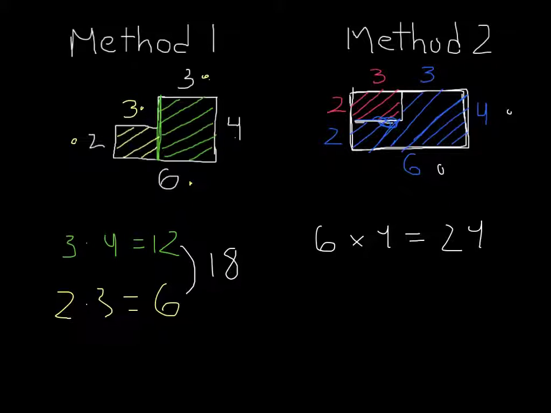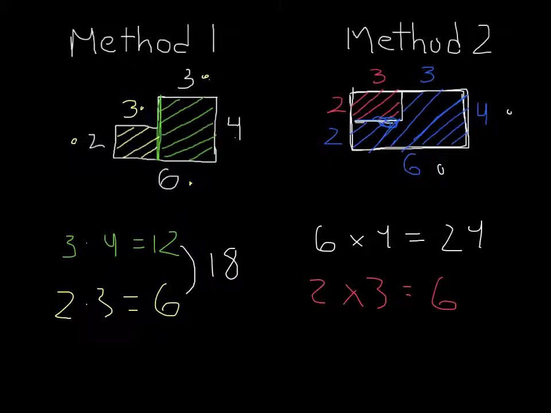And then what you'd think about is, right now I need to subtract this red area. So then, with this red area, you do 2 times 3, which equals 6.